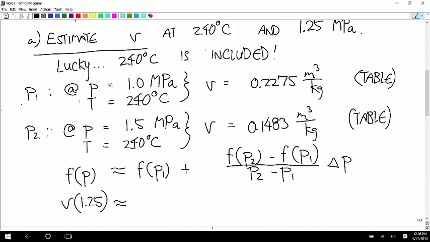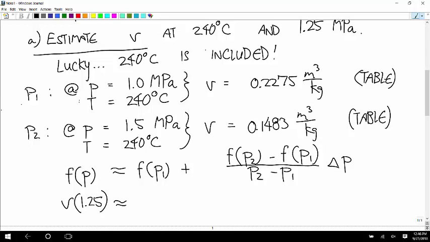Here's an interesting thing. It would come out the same no matter whether we used this as pressure 1 and this as pressure 2 like I have written, or if we switch those. Either way, it's just calculating a line between those two and finding the spot on the line. So pressure 1 doesn't have to be the smaller one. But your two independent variable values have to bracket the value of the independent variable you want.